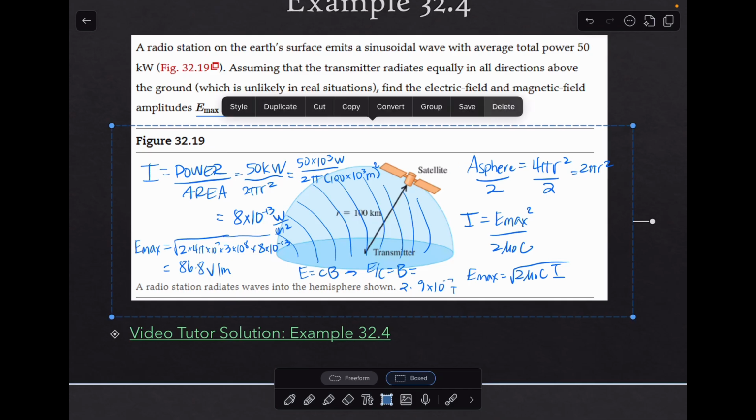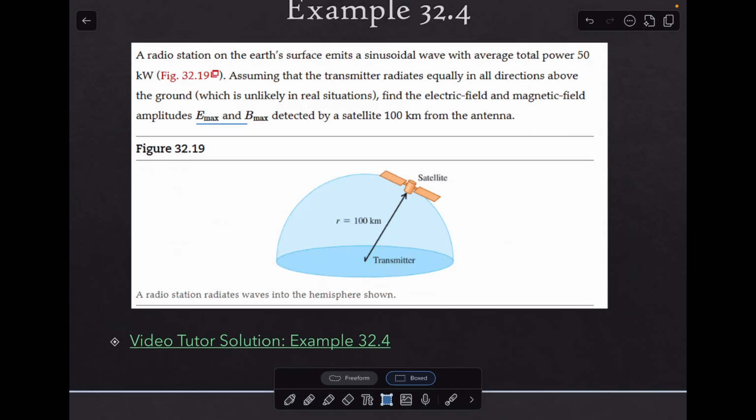So, intensity. Well, let's read the example first. We have a radio station located right here, on the Earth's surface, and let's say it emits a sinusoidal wave with an average total power of 50 kilowatts.